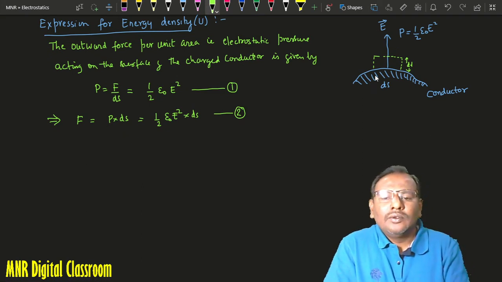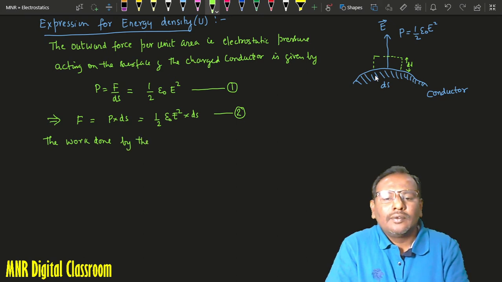Now, the effect of this force is to do some work. The work done by the force, W is equal to, you know the basic definition of work done.